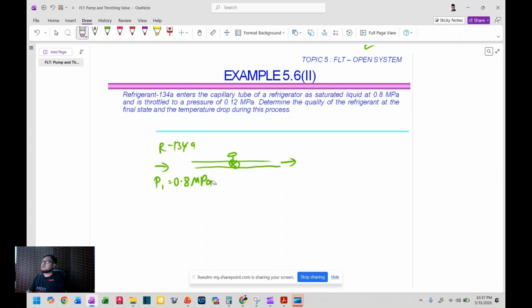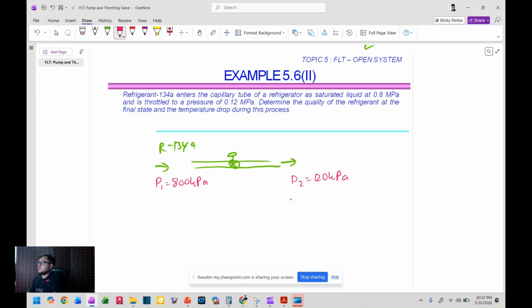So P1 is 800 kilopascals instead of 0.8 megapascals, and P2 is 120 kilopascals. All right. Determine the quality of the refrigerant at the final state.